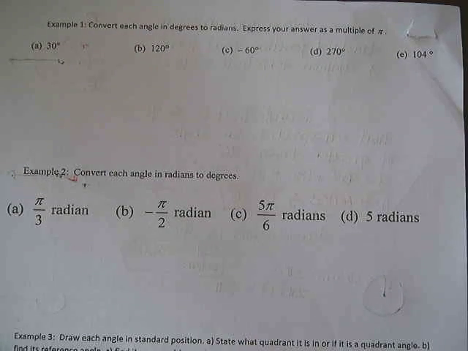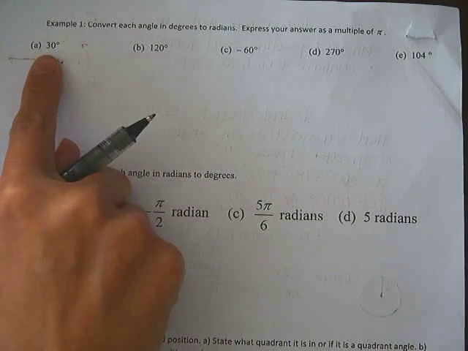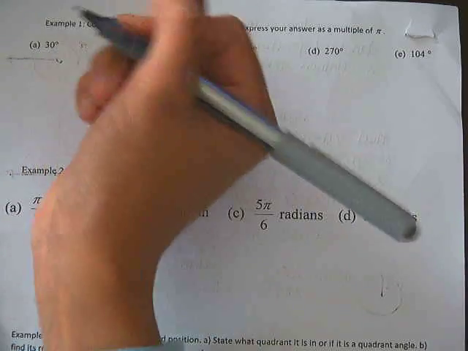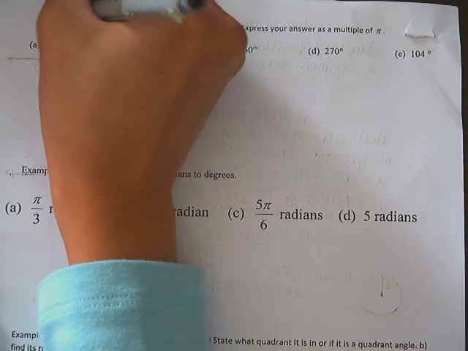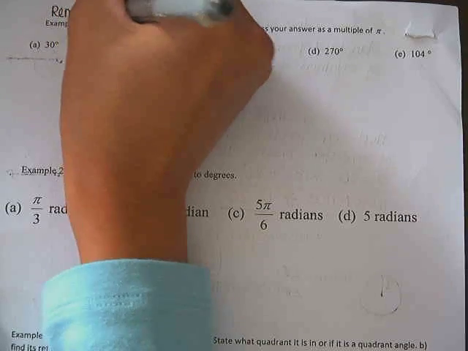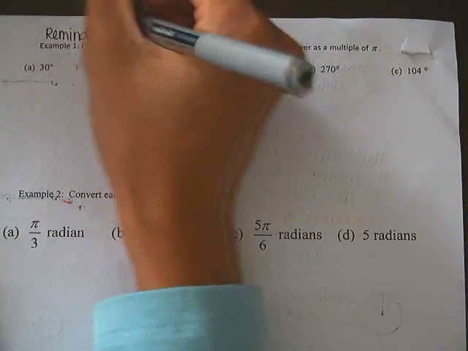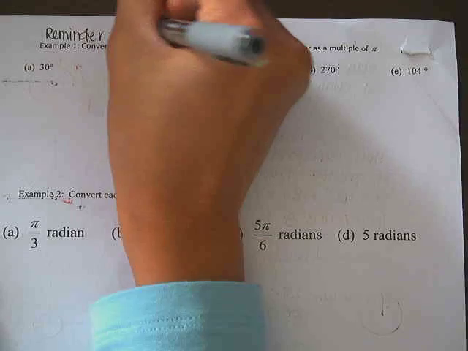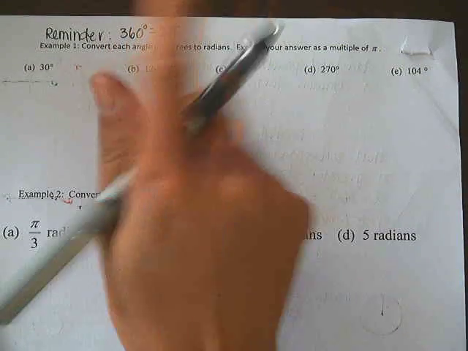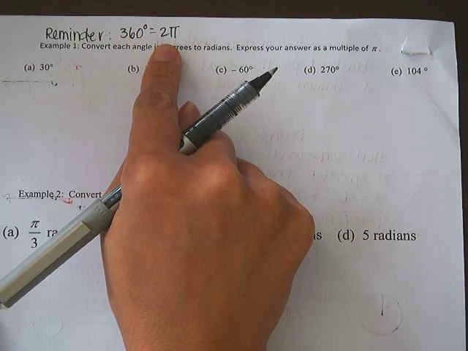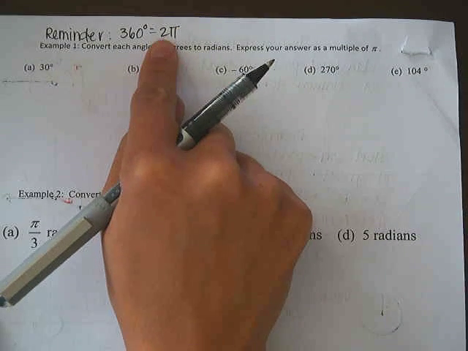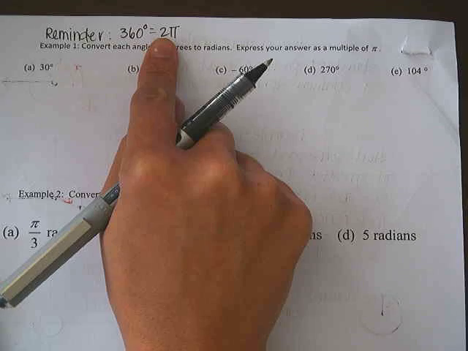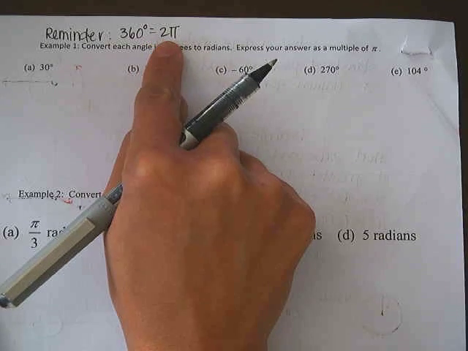Okay, so 30 degrees. Let's have a reminder here: 360 degrees equals 2 pi radians. And by the way, if we don't have the degree bubble next to a number, by default it represents radians.